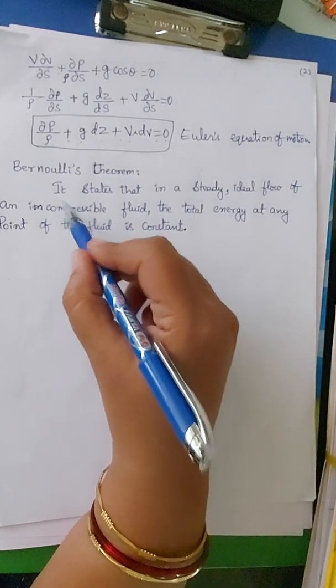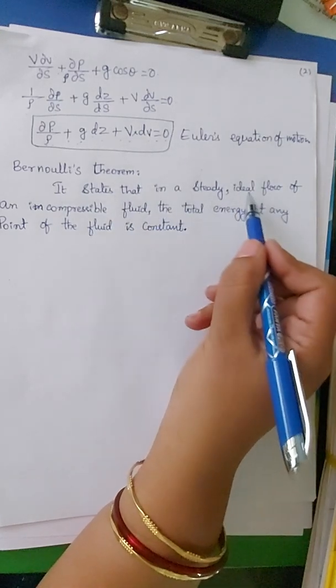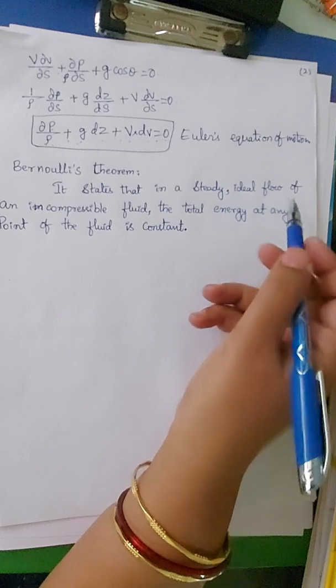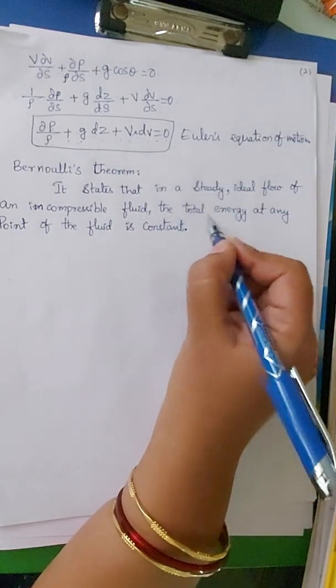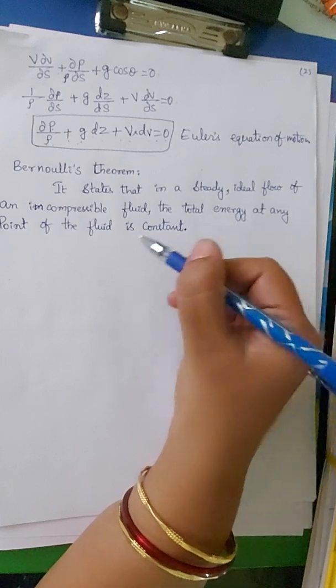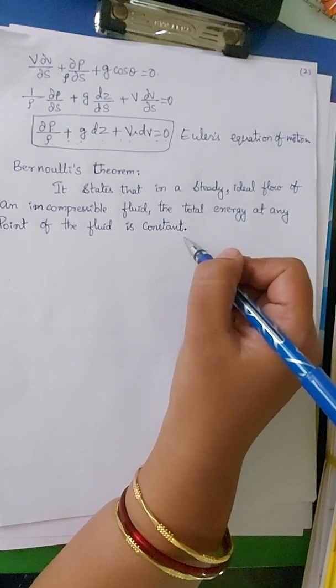I'll repeat it. It states that in a steady and ideal flow of an incompressible fluid, the total energy at any point of the fluid is constant.